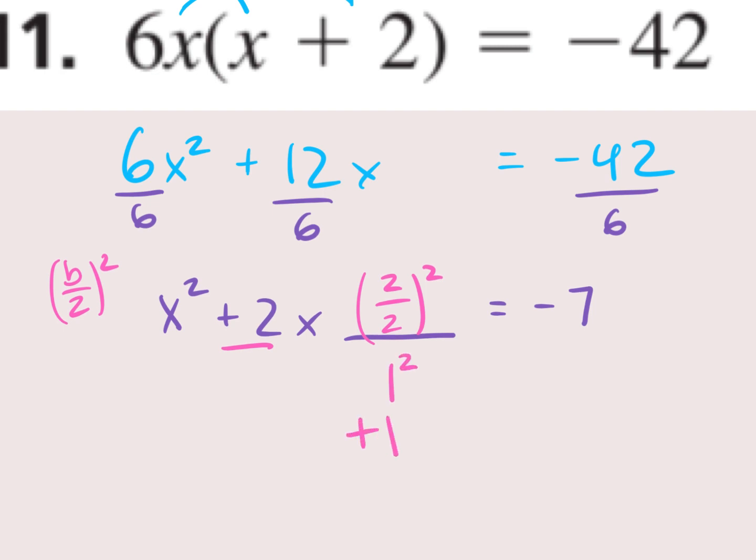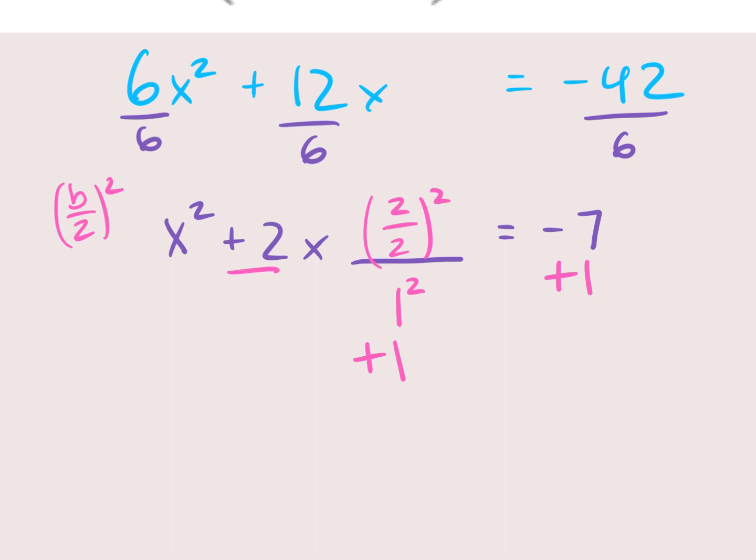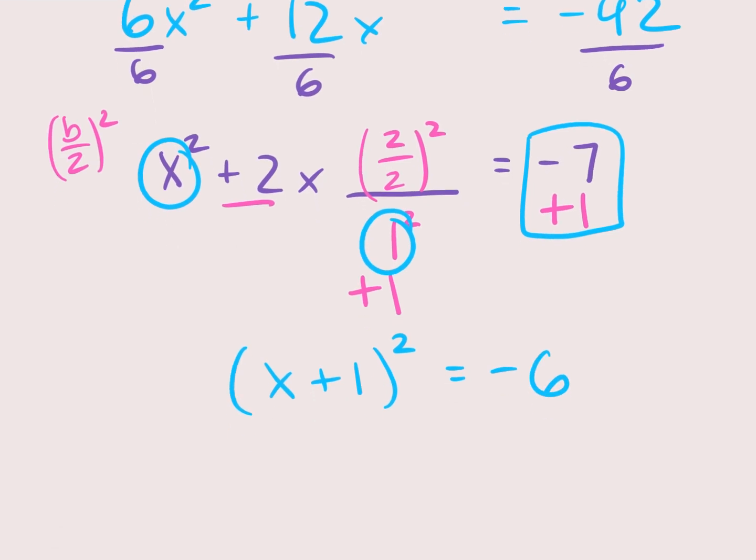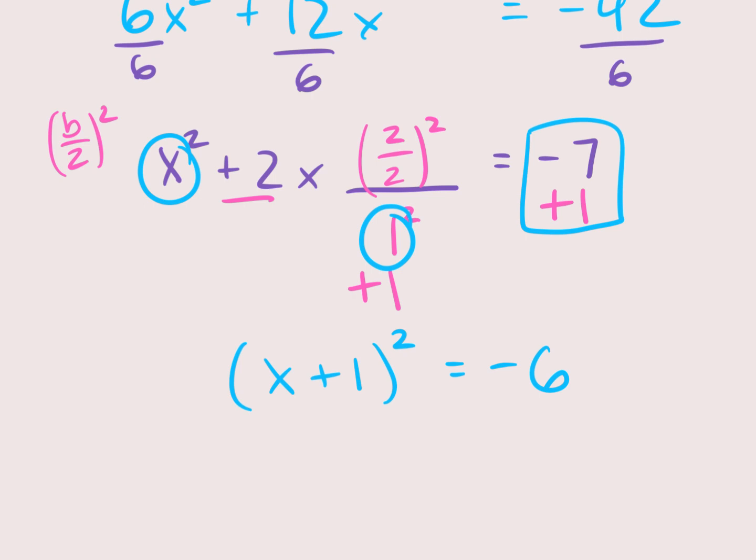What do I also have to do? Don't forget to add it to the other side too. So now in our parentheses squared, what are we going to put? x + 1. And that's equal to, what's negative 7 plus 1? Negative 6. What do we do next?